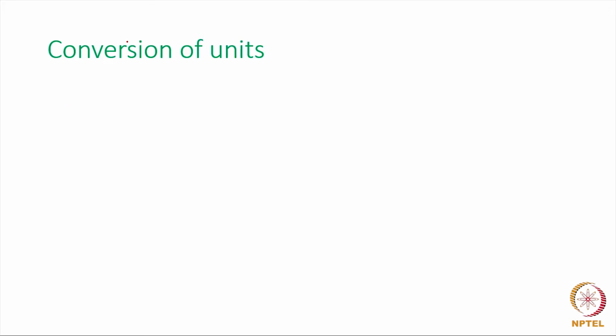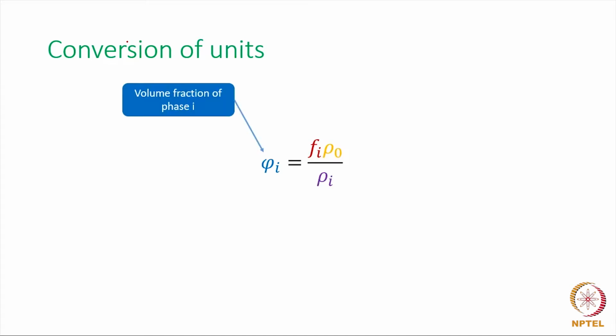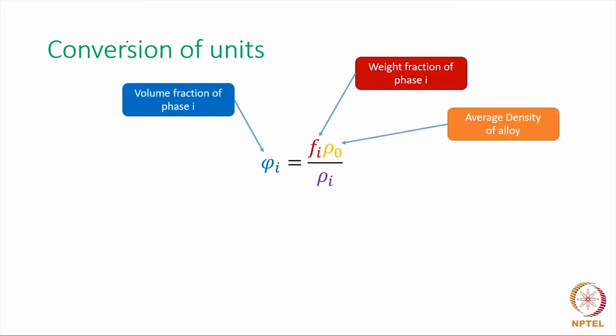We also have sometimes the conversion of units required for the phases also, not only for the species. So here is a conversion factor where the volume fraction of the phase, ith phase, there are several phases that are part of the domain. So volume fraction of the phase is related to the weight fraction of the phase through the average density of the alloy and the density of that particular phase.